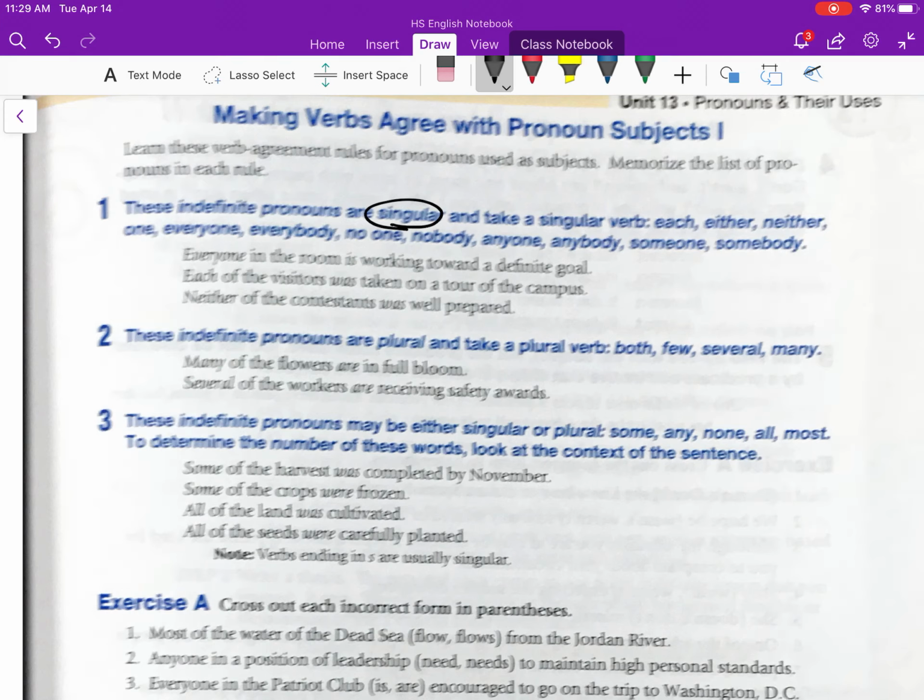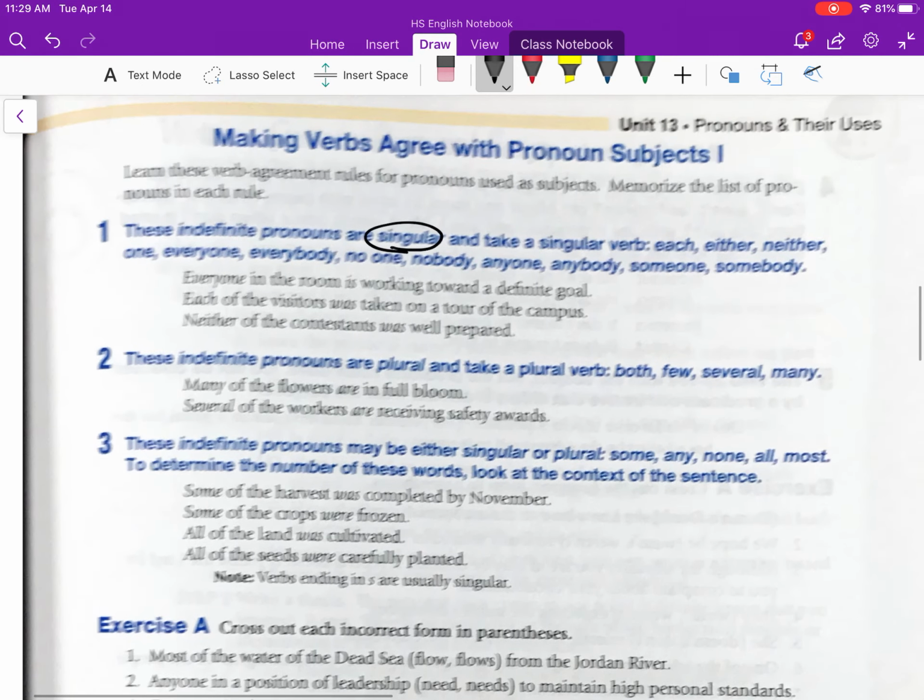Therefore, it makes sense for it to be singular. But if you use as the first example for the indefinite plural pronouns the word both, well, that means 2. And the word few means probably at least 3. And then several could mean, who knows how many, at least 2 or 3, if not more. And many would mean you're probably more than 4 or 5. And so those obviously just intrinsically mean that there are multiple people or things represented.